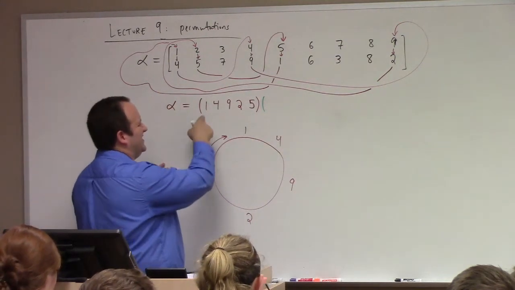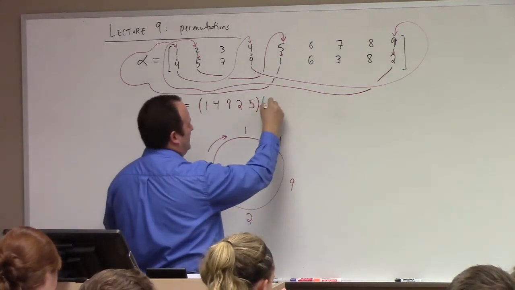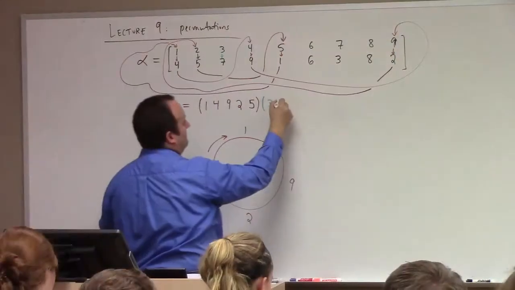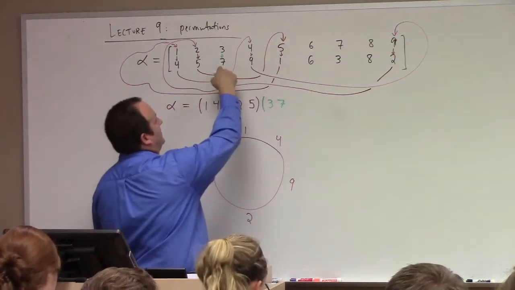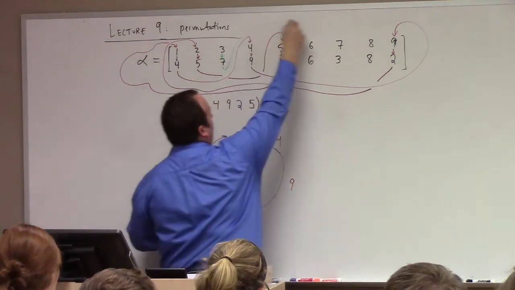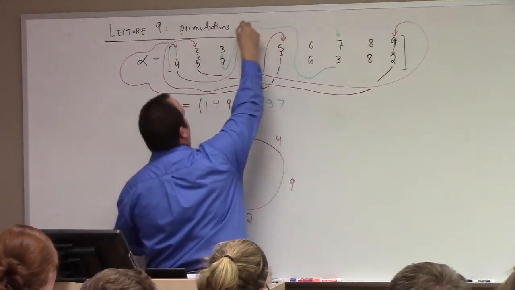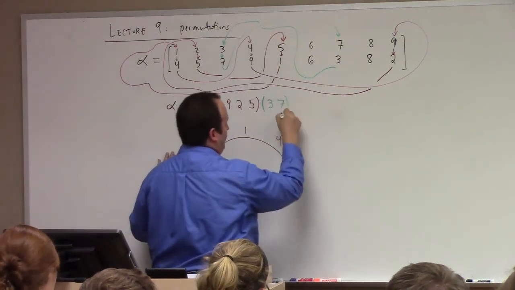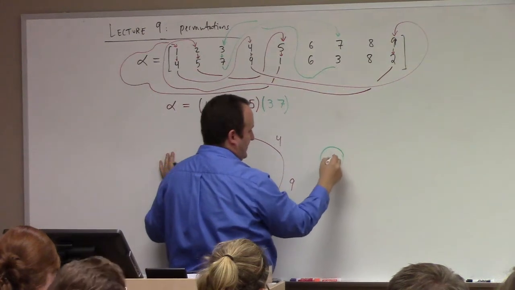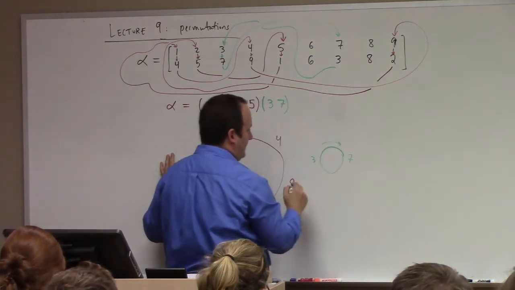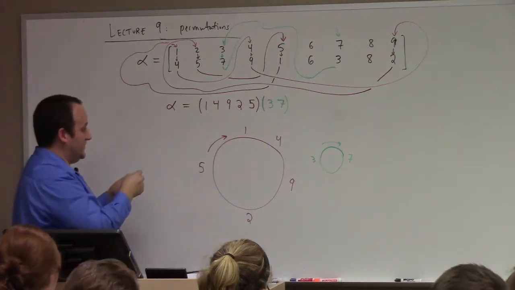Let's say 3. We'll start with 3. 3 goes to 7. And then where does 7 go? Back to 3. Of course, this is probably a better picture. And then, of course, what happens?